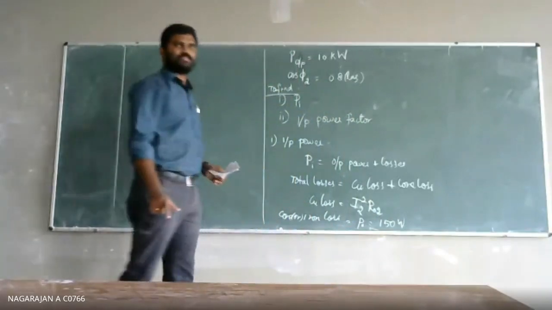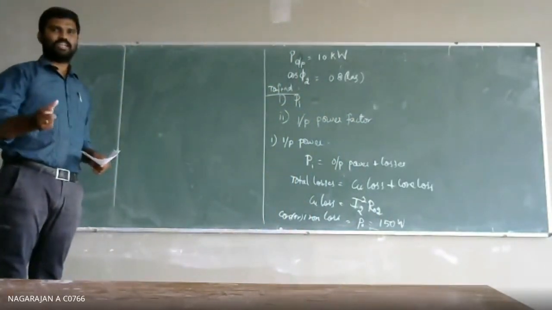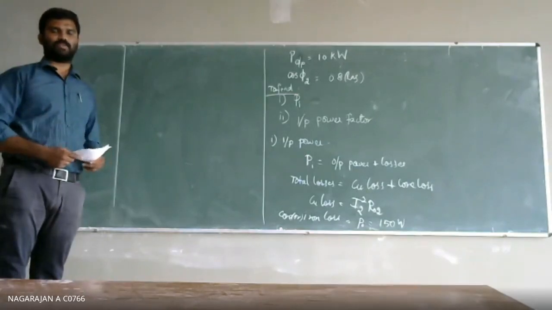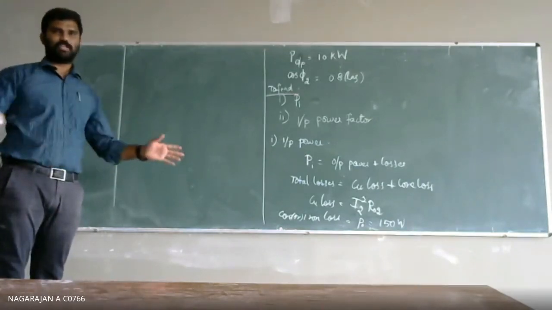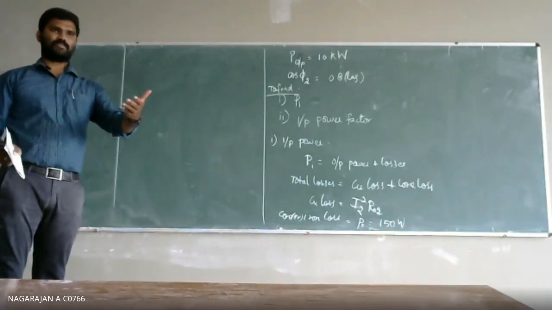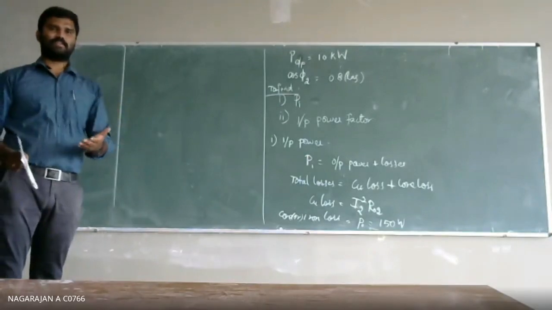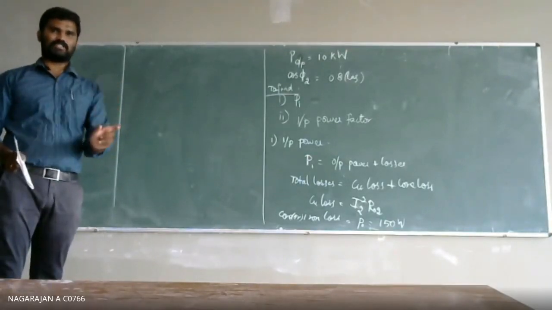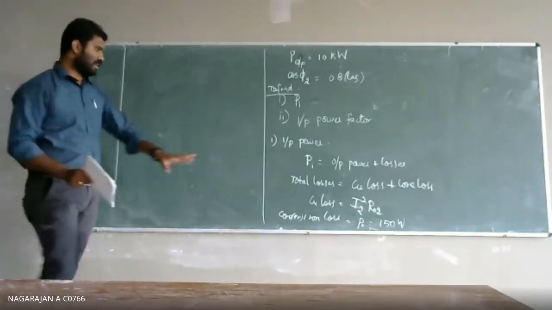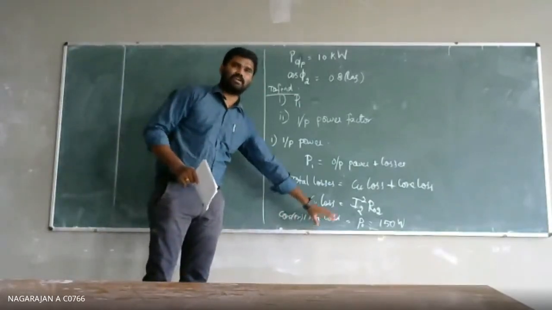That is what I told you. Under no load test, whatever you are giving as an input is only the iron loss. So after performing the no load test, a watt meter will be showing you a reading. For example, it will be showing 40 watts or 60 watts. That 60 watts is the constant iron loss. Iron loss has different names: core loss, iron loss, or constant loss.